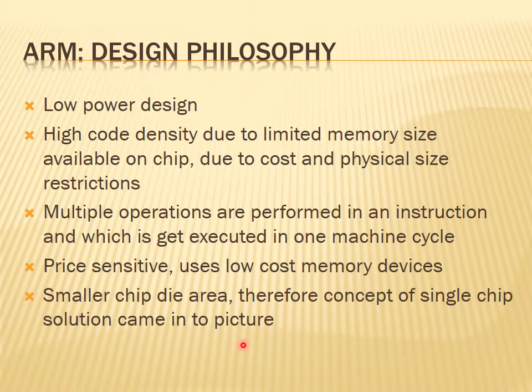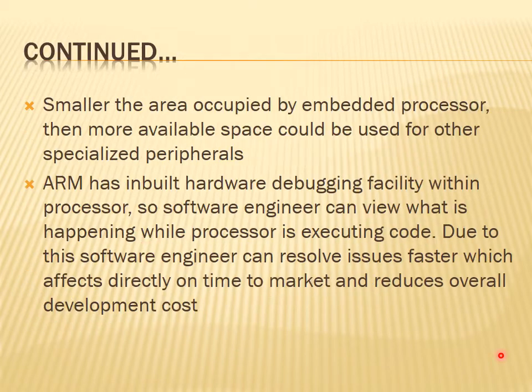Okay, we'll move further. The smaller the area occupied by the embedded processor, the more available space can be used for other specialized peripherals. The ARM CPU occupies a very small area on a silicon die.